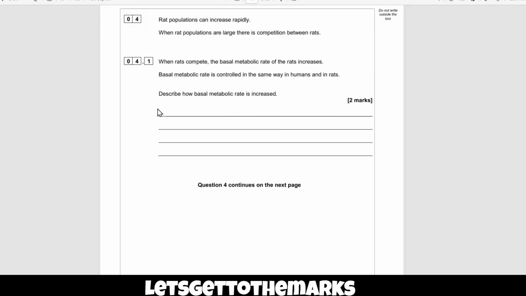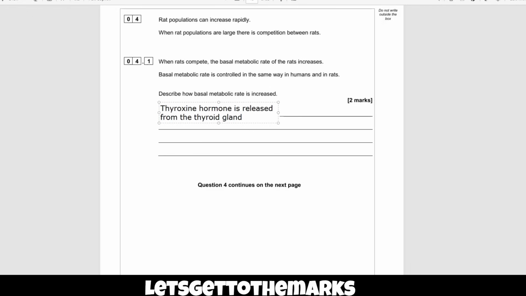Now, there's more than one way to increase your metabolism, and there are two that are mentioned in the AQA syllabus. So we've got thyroxine hormone: the pituitary gland releases TSH, thyroid stimulating hormone, that goes to the thyroid and stimulates thyroxine hormone to be released from the thyroid gland.